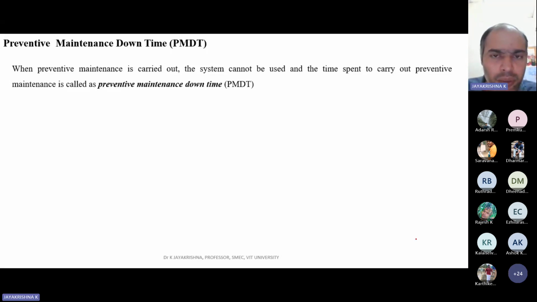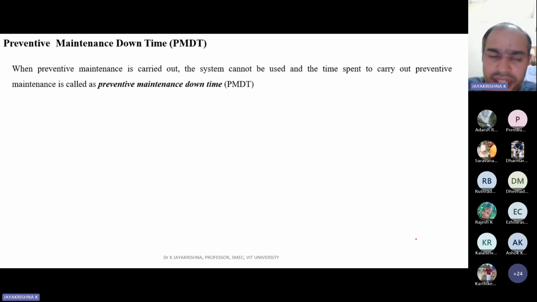Sometimes in your industry, once in a month or once in a while, they shut down everything. They do the overall maintenance of the machines, and then they start to run. This maintenance will always be preventive maintenance, not corrective maintenance. For example, on Sundays if you're not working, all the machines are down.